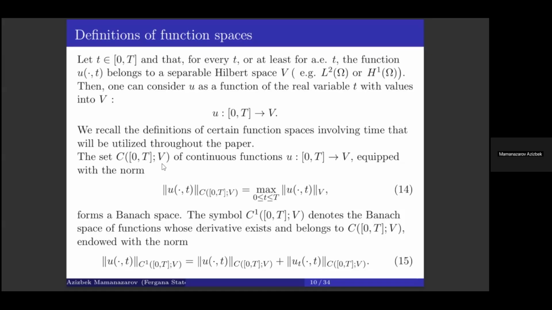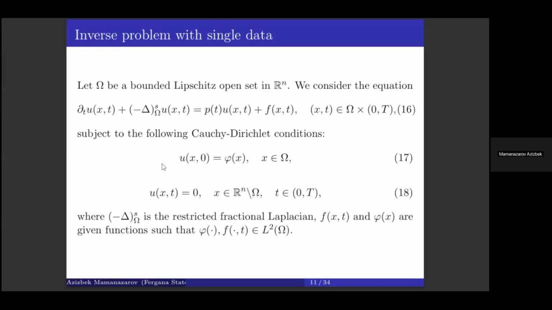And now we move to the formulation of our first problem. We consider the equation 16 in a bounded domain of R^n with the following Cauchy-Dirichlet conditions. And we assume that phi and f are given functions that satisfy these conditions.